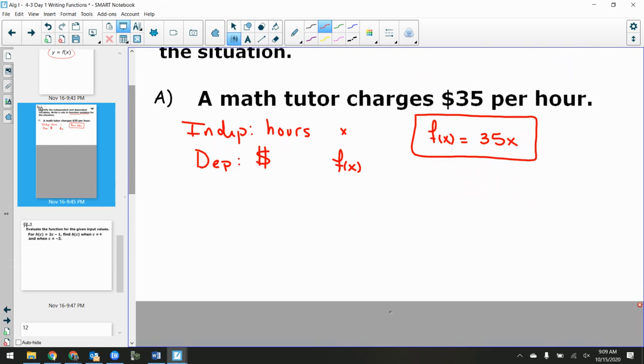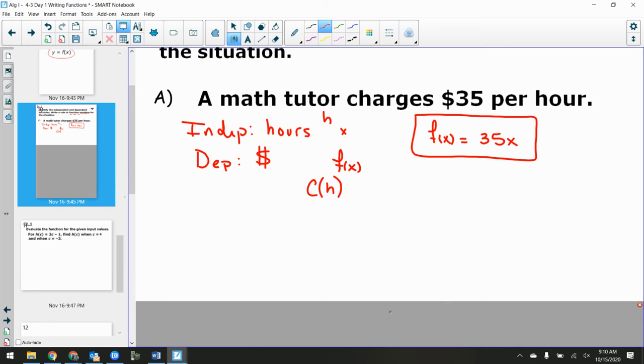Now, the cool part about function notation is that you can change up the letters to make it fit the scenario. Like if I wanted to fit this scenario here, maybe I called the independent variable, the amount of hours, h, and then the money, maybe we'll call the charge c of h. That f is just the function name.